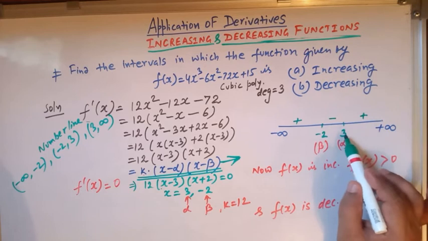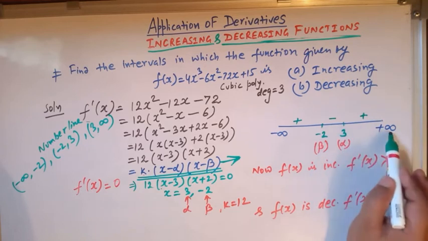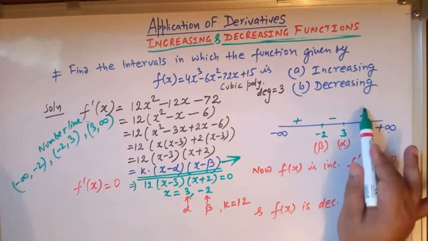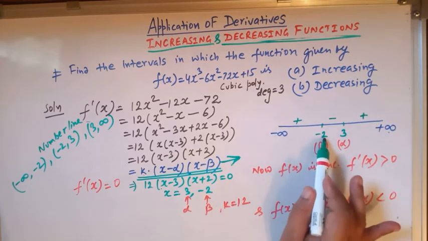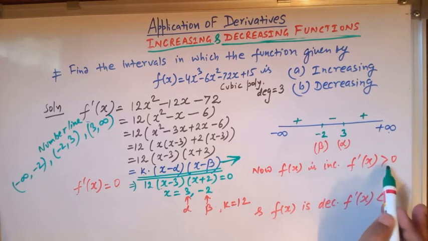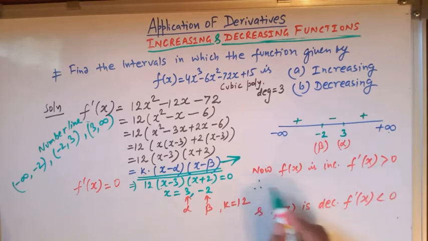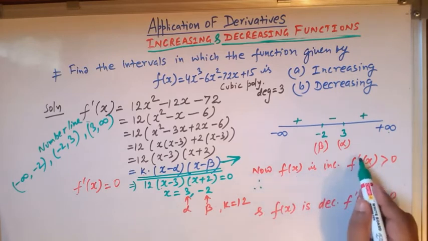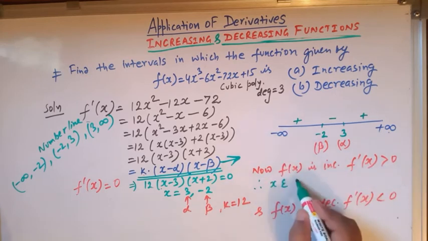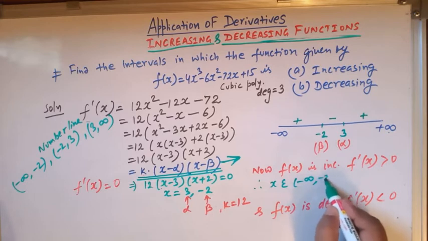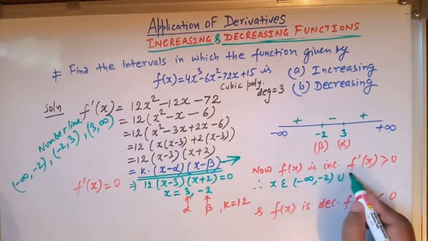So here this interval is from 3 to infinity. We have the derivative as positive. Again, from minus infinity to minus 2, the derivative is positive. So therefore f(x) is increasing if f'(x) is greater than 0 and x belongs to minus infinity to minus 2 union 3 to infinity.